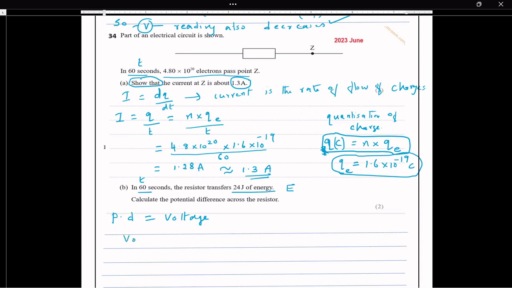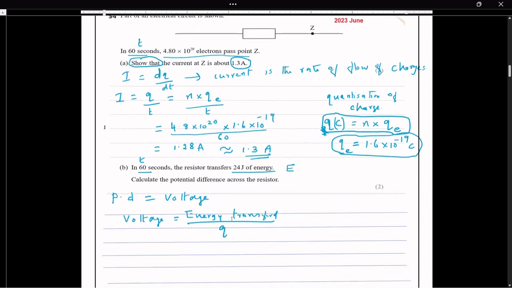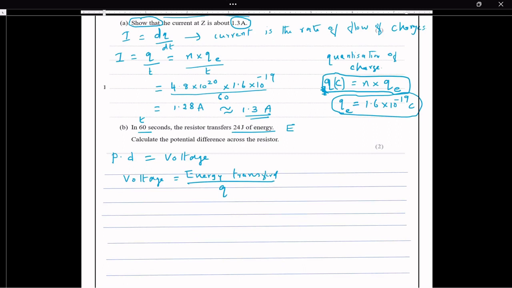We have studied as a definition that voltage is the energy transferred by unit charge. So I can write V equals E over Q. The energy transferred is 24 joules, and the total charge we have not calculated separately.